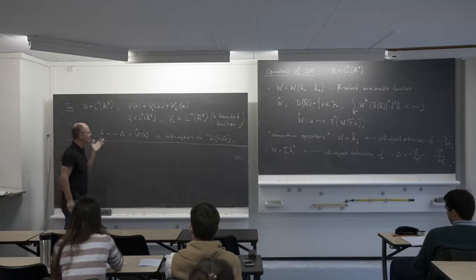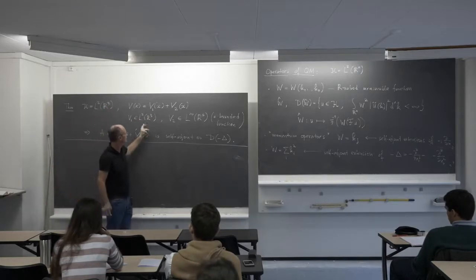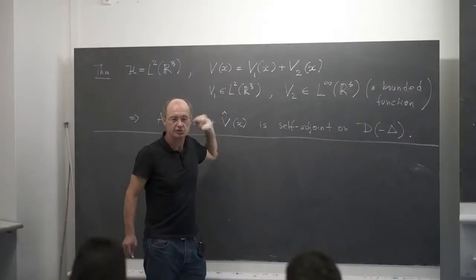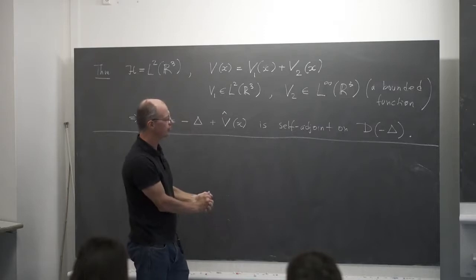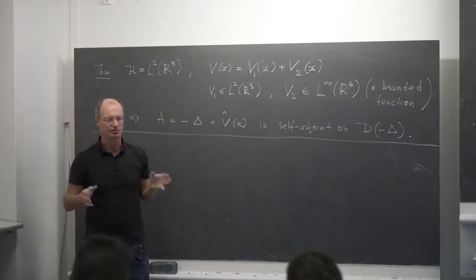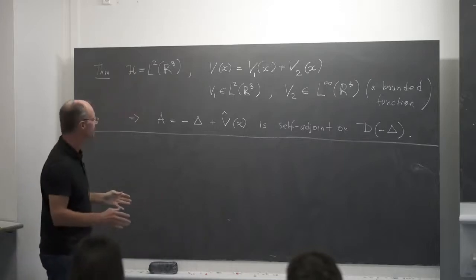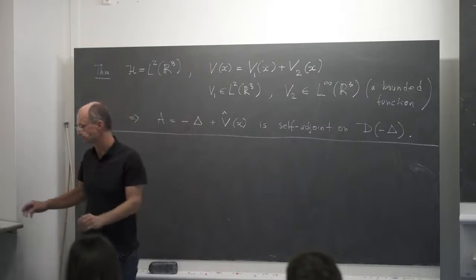As you see, it's rather specific. There is this R3, there are those kind of funny conditions. Probably not in this class, next class I will show you more examples and counterexamples of when things are self-adjoint and when they are not. But for now, let's prove this theorem.